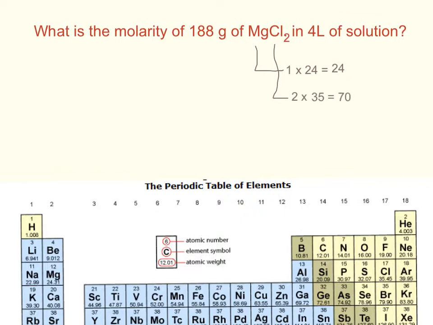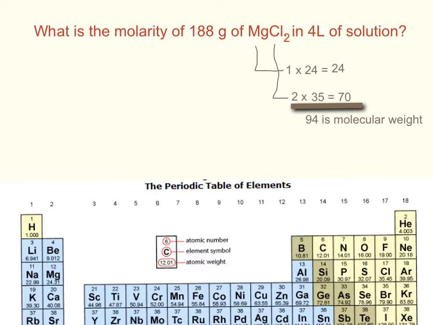So the weight of the chlorines is 70. So the weight of our individual atoms is 24 and 70. To get the weight of the whole molecule, I add those 2 together. Adding 70 and 24 gives me 94. So 94 atomic mass units is my molecular weight.